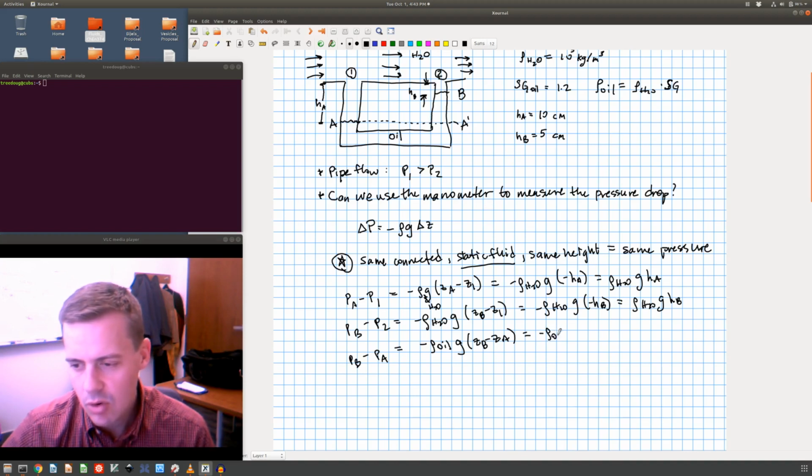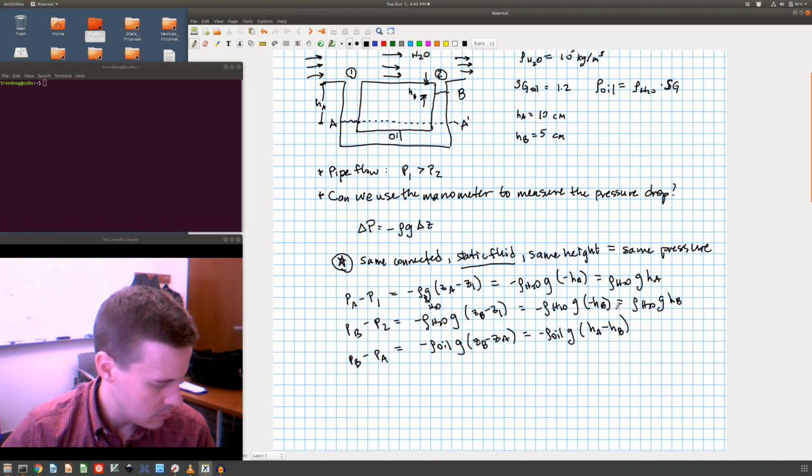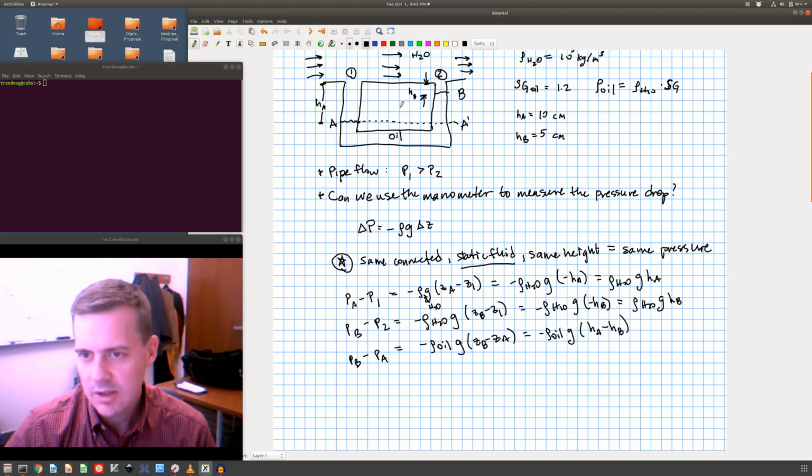So minus rho oil G, and this will be HA minus HB, because HA is this whole distance and HB is that distance. So if I want to get the difference, I need to subtract HA minus HB. That's where that comes from.